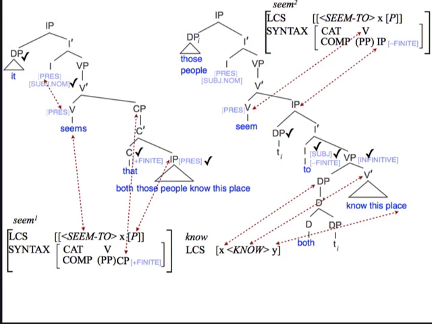And I have to be in a place where my case is sanctioned. So it's necessary for those people to move all the way up to the main clause, because the I of a tense node has a nominative feature that gets checked with a DP in there.